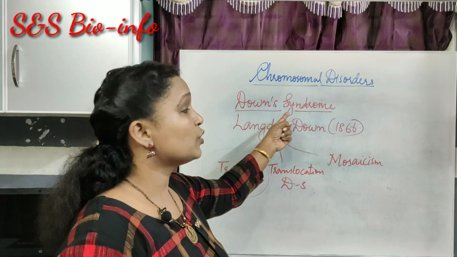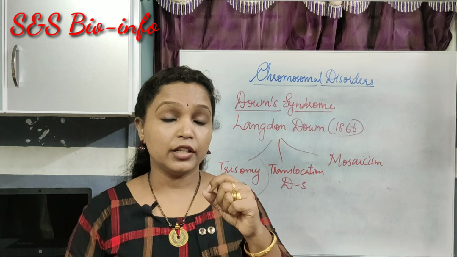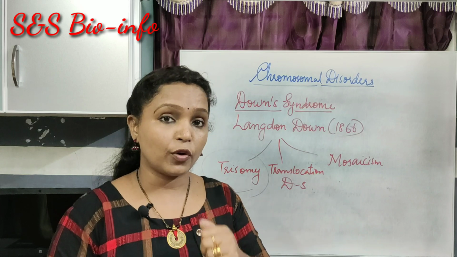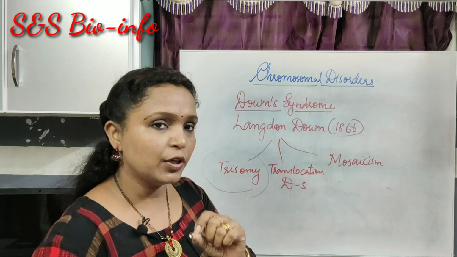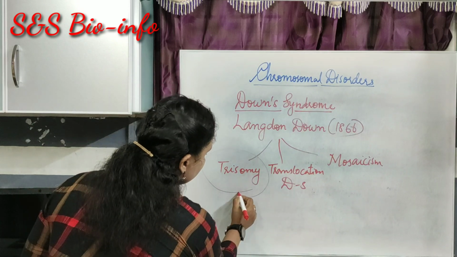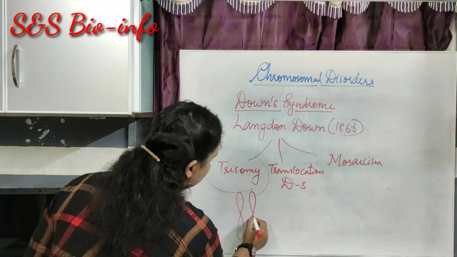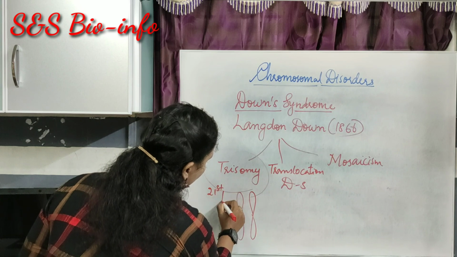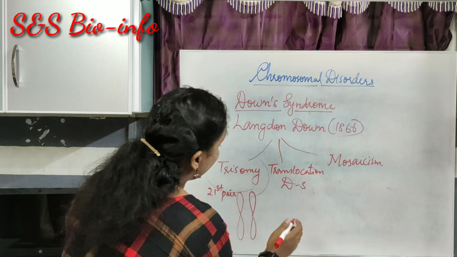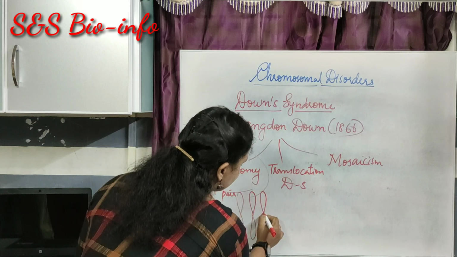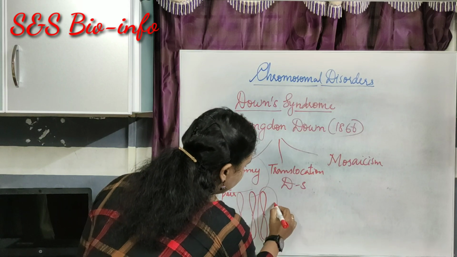Here, Down syndrome occurs due to the addition of one extra copy of chromosome in the 21st pair of autosomes in human beings. Suppose this is the 21st pair of human chromosome. In this chromosome, one more chromosome is added. So, this is the extra copy.